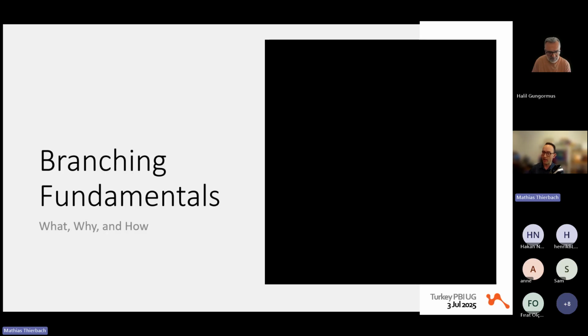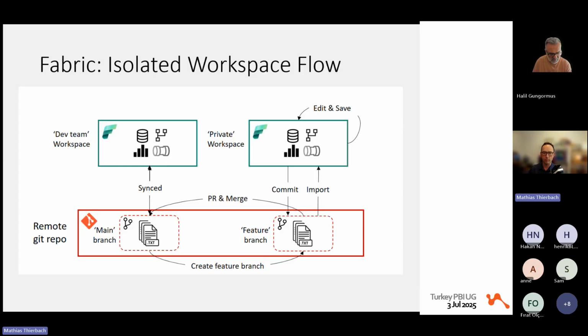And I'm thinking that once you've made it over the first barrier and embraced source control to some degree, branching is probably the next one you're interested in. So here is one example, just to get us started, of what a branching workflow might look like in Fabric.